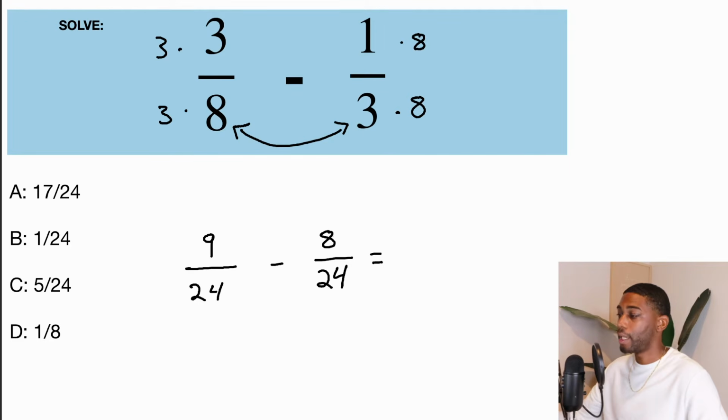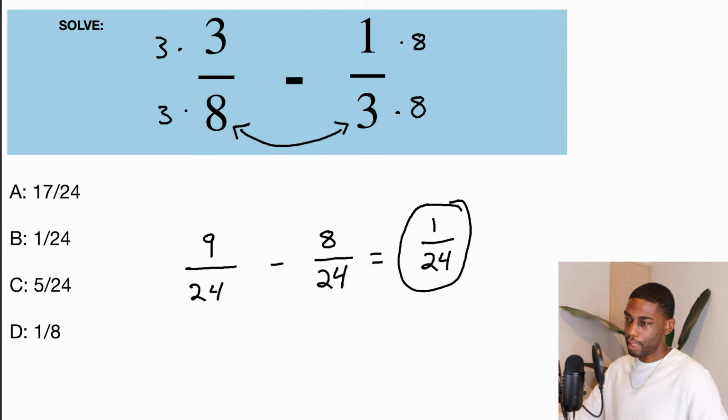9 minus 8 is 1, and our common denominator of 24 stays the same. 1/24. We can't simplify any more than it already is, so we have our answer B being 1/24.